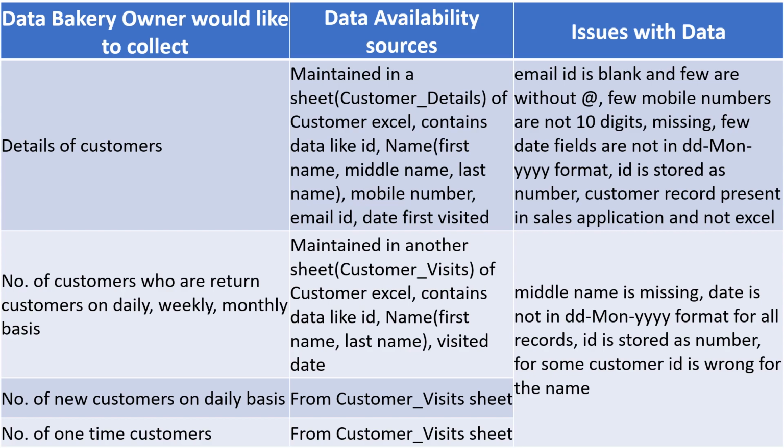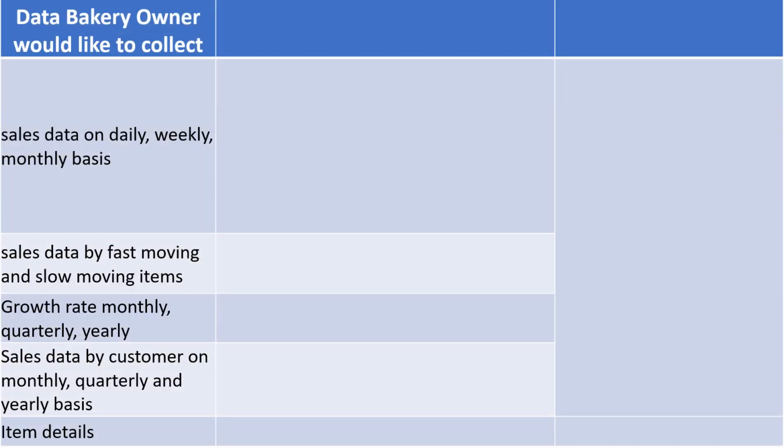Then he prepares the tabular format for the sales data. So he checks with the bakery owner where he is maintaining the information related to sales data on a daily, weekly, monthly basis, sales data by fast moving and slow moving items, growth rate monthly, quarterly, yearly, sales data by customer on monthly, quarterly, and yearly basis, and item details.